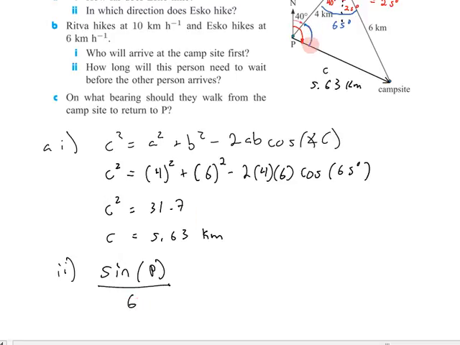So we want that blue angle P, and the side opposite to it is 6 kilometers, is equal to the sine of another angle, and we know this angle, 65 degrees, divided by the length of the side opposite to it, which is 5.63 kilometers.